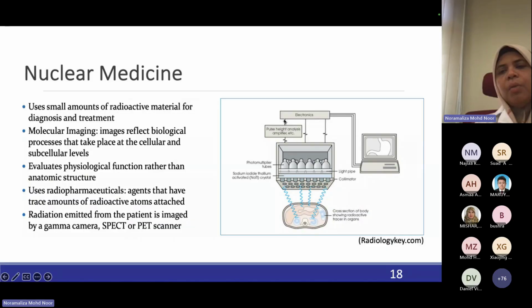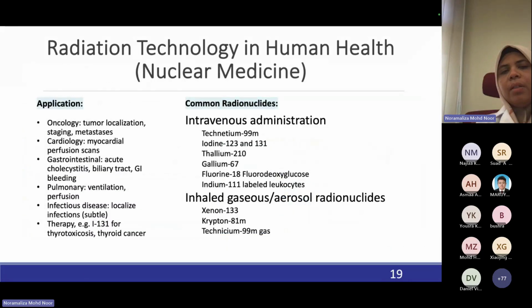After that, it will display the image. That's why we have to combine, or hybrid, with the CT. Therefore, we can know the specific locations of the tumor or the cancer cells, because SPECT itself can only evaluate functions rather than anatomical structures.